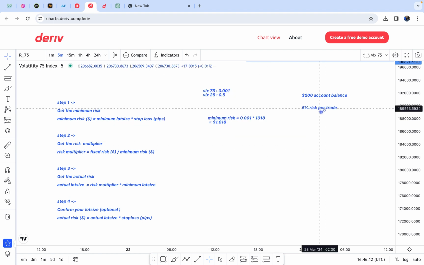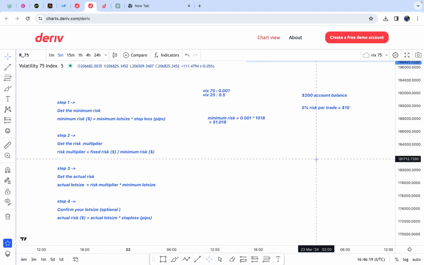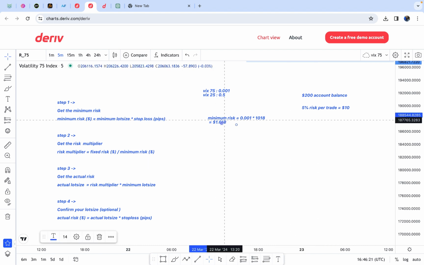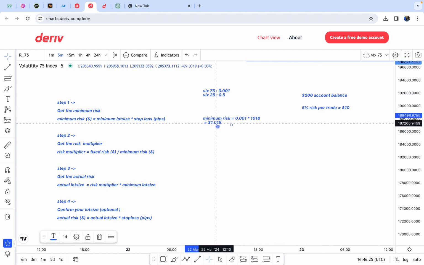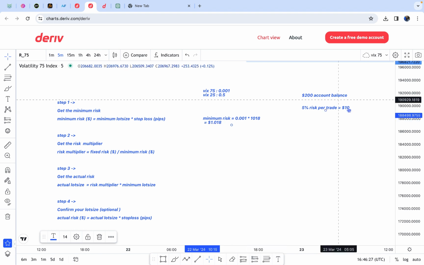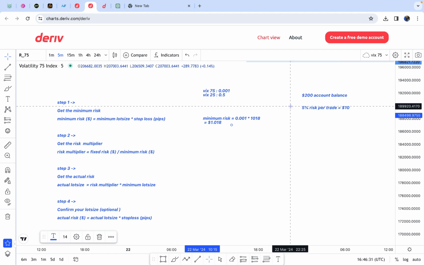So first off, you want to confirm 5% is equal to what in dollars, right? That is $10 per trade. So you want to ensure that whenever you take a trade, you don't want to lose $1.108. You want to lose $10, right? So as you can see, 1.108 is lesser than $10.